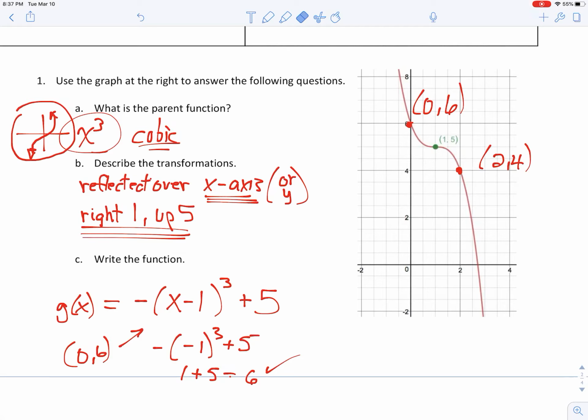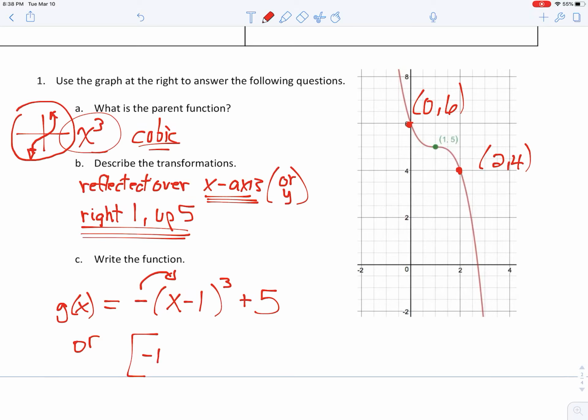Let's see, I told you I'd show you the other way to do this one. If it was reflected over the y-axis, I believe that then that negative 1 could be in there. So I believe it could also be, I'm going to put brackets around it, negative 1, x minus 1 cubed plus 5.